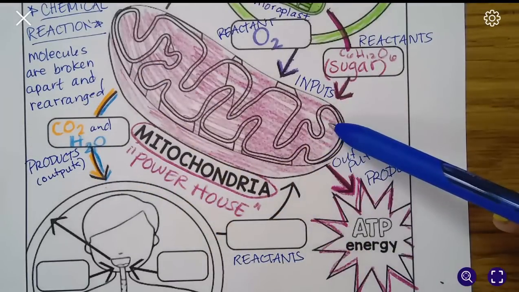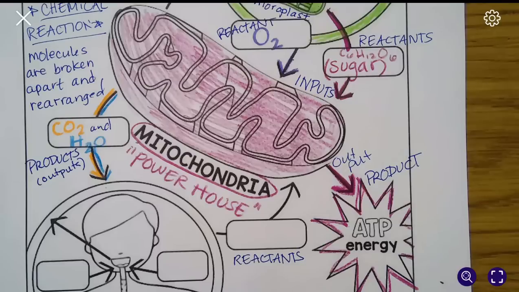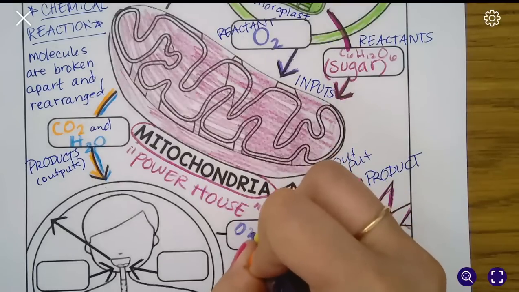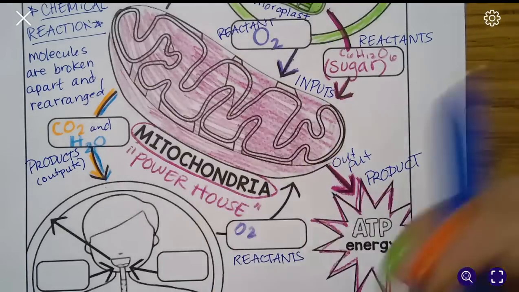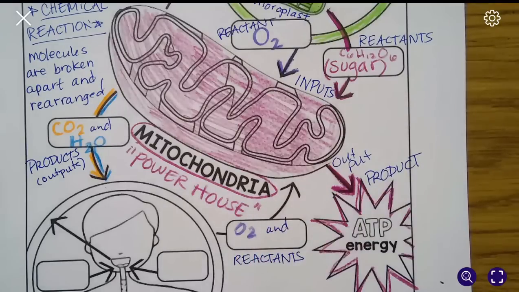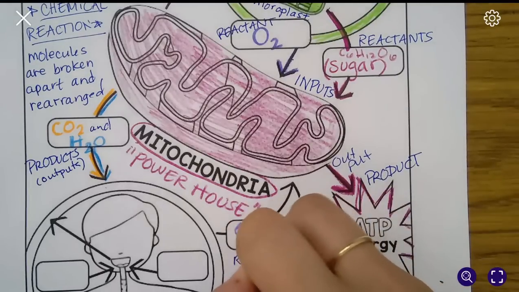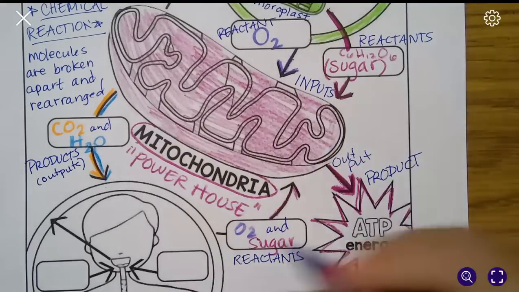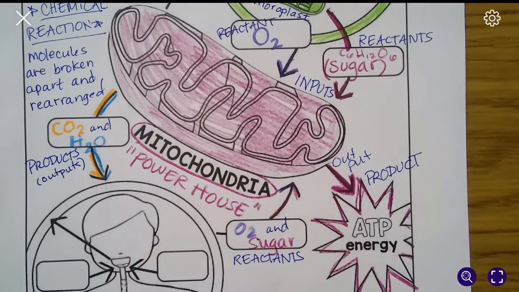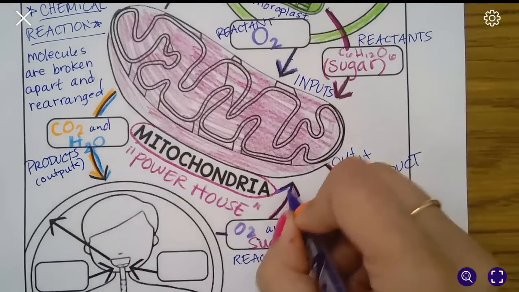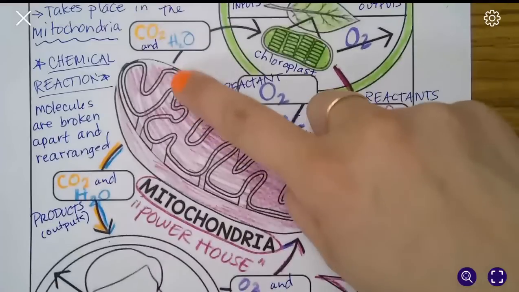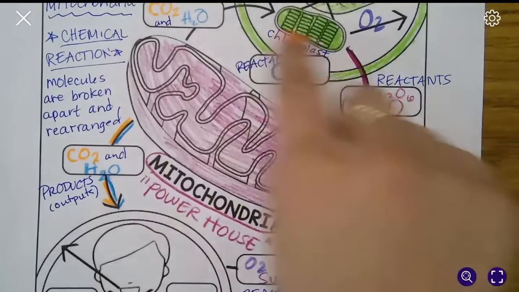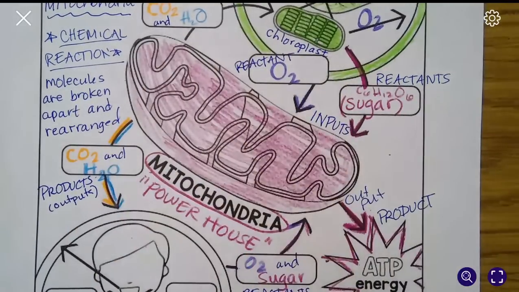In goes O2 and sugar. Out comes CO2 and H2O. So our inputs and our outputs just keep cycling through our mitochondria.